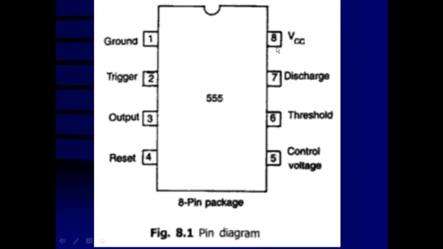The positive terminal should be connected to pin number 8, which is called VCC, and this IC accepts a VCC voltage from 5 volt to 18 volt. So depending upon the output you require, you can connect any voltage here. 5 volt is compatible with TTL circuits, and 10 volt, 12 volt is compatible with CMOS circuits. So a wide range of applications can be derived from this IC.